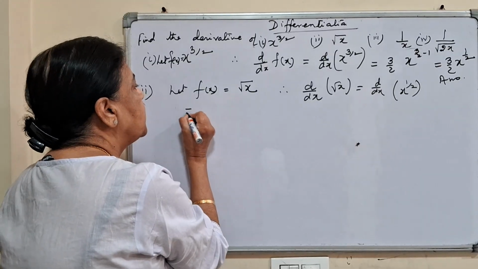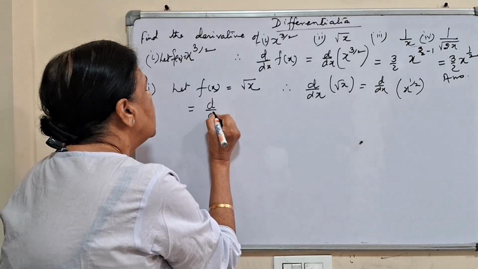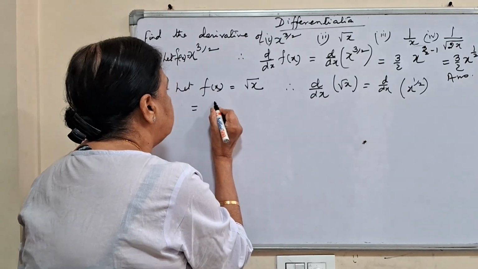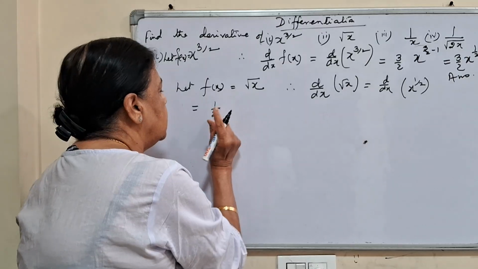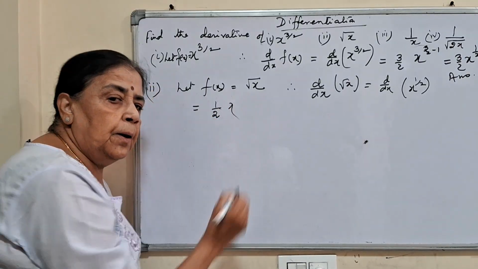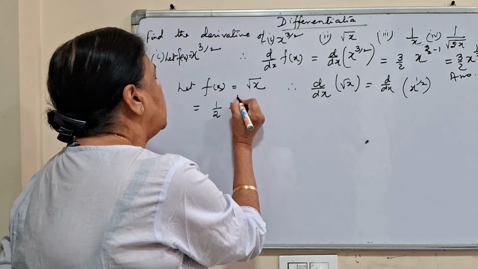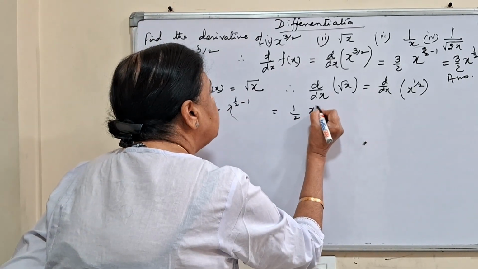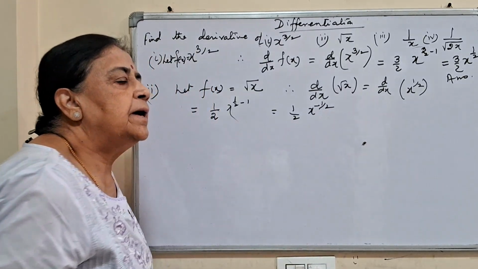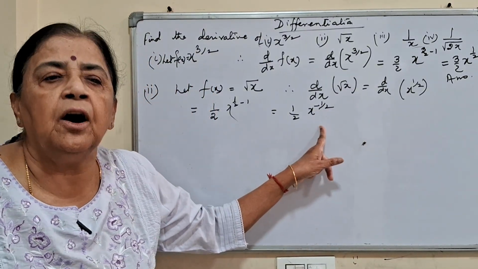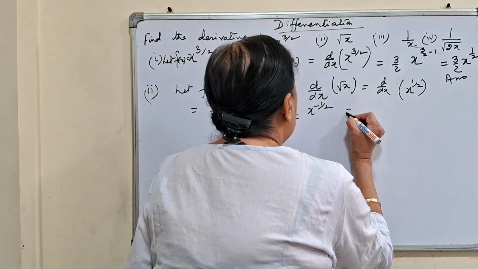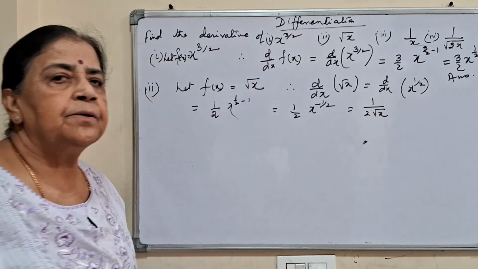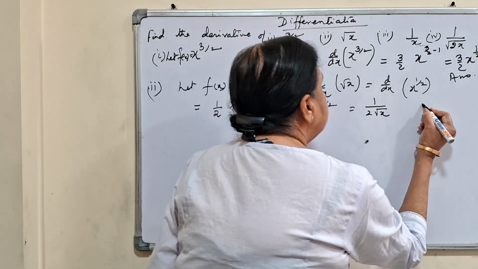First I bring the power in front, then x raised to the power 1 half minus 1, that is equal to half x raised to the power minus half. X raised to the power minus half is 1 by root of x, so the answer is 1 by 2 root of x.